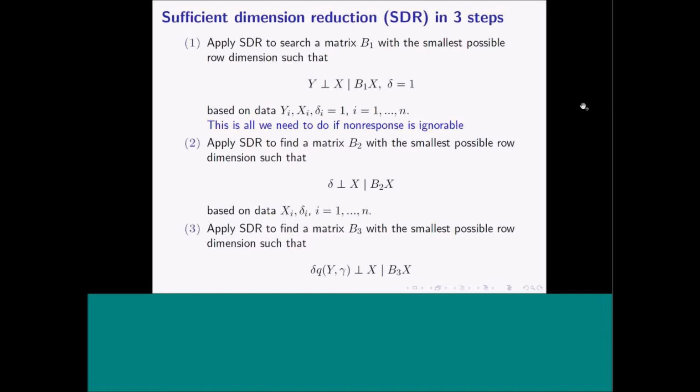The trouble is gamma is unknown. If gamma is known, then there's no trouble at all. These are all observed, right? Because delta times Q, I either get a 0 or I get just Q. So how do I overcome the difficulty that gamma is unknown?